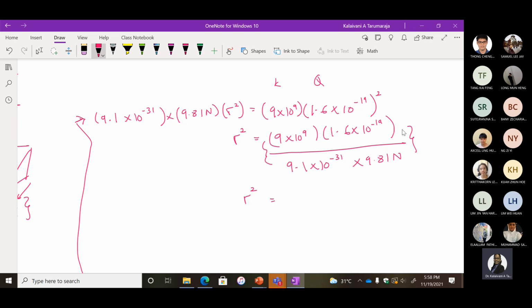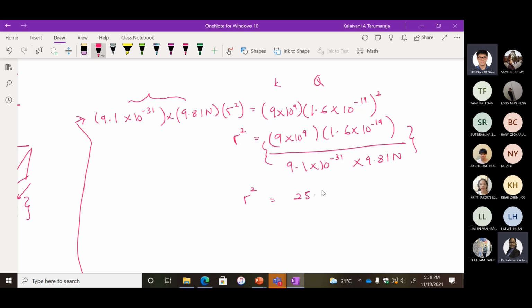Just this part: 9 times 10 power of 9 times 1.6 times 10 to the power of negative 19 squared, divided by 9.1 times 10 to the power of minus 31 times 9.81 Newton. Actually, you can settle here also, no problem. Can I get the last answer? I got 25.81. Anyone get the same answer?